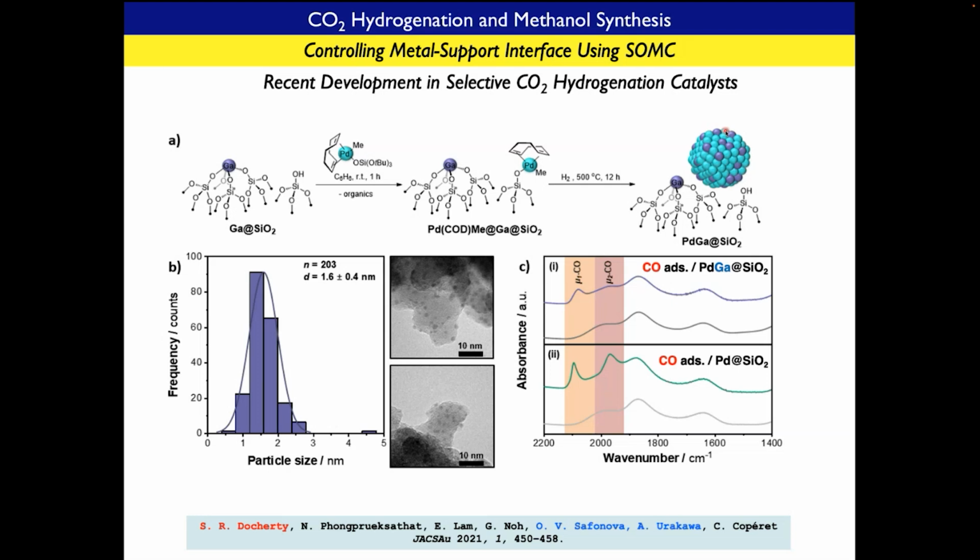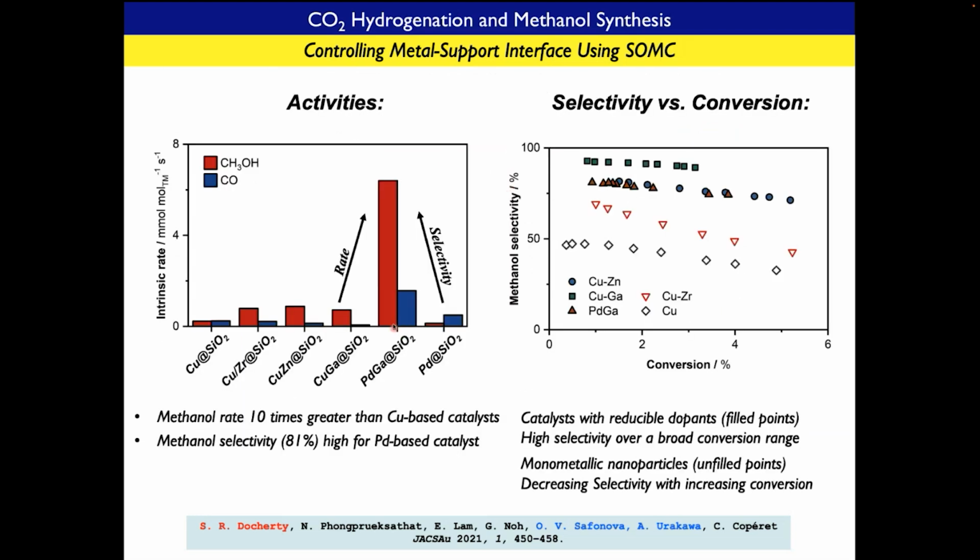And it turned out that this palladium gallium alloy has extraordinary reactivity and selectivity towards methanol formation. They outperform copper by far, and you can see that they totally change the reactivity of the palladium nanoparticle by having gallium incorporated into the system.